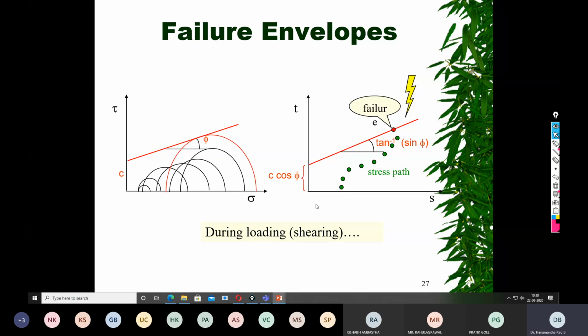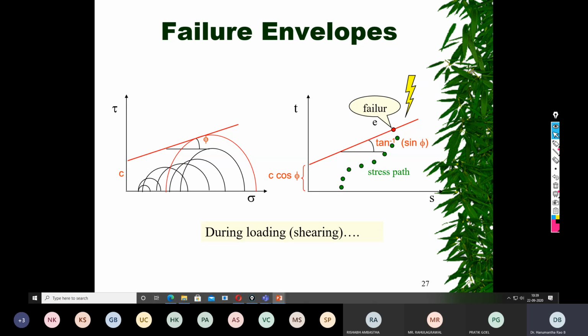That can be understood by joining the points of maximum shear stress of all these Mohr circles. This is the kind of graph you obtain. At this state the soil sample has failed. This representation is called the p-q graph or p' q' graph, and this is the failure plane.